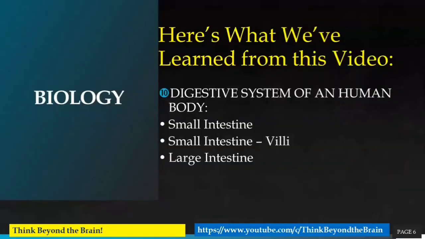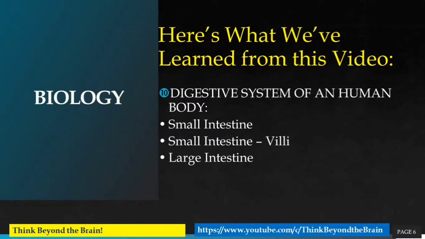Today we have learned about biology, the digestive system of the human body: the small intestine, its villi, and the large intestine. The small intestine is a 7 meter long coiled tube for taking nutrients from the food. Villi take the nutrients from the food.